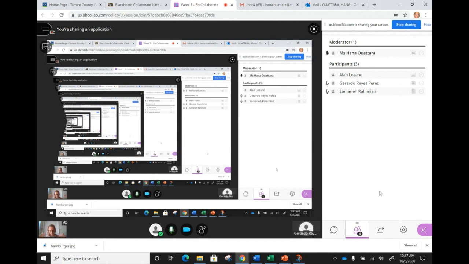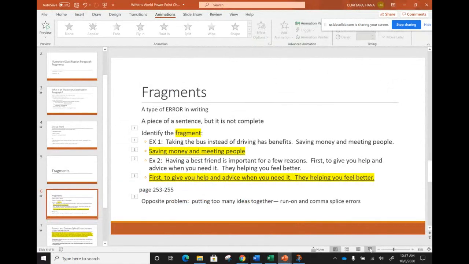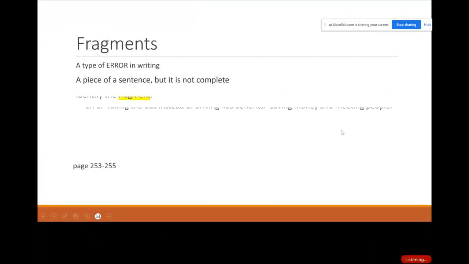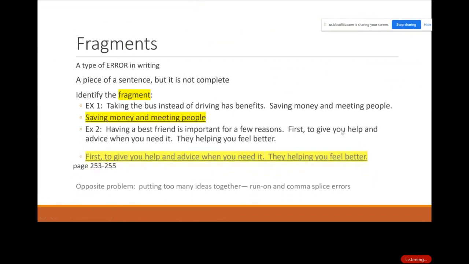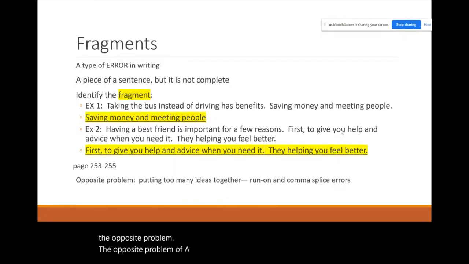So your homework is going to be to finish this practice looking for fragments in phrases. Okay. Let's go back up to the screen here, because at the bottom you can see it says the opposite problem. The opposite problem of a fragment is putting too many ideas together.